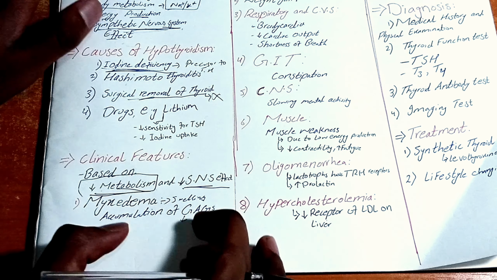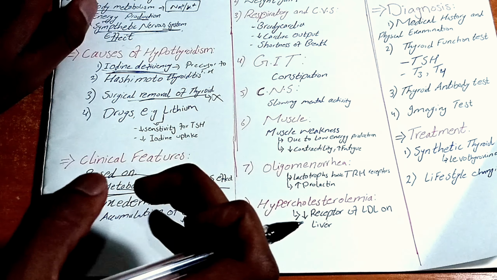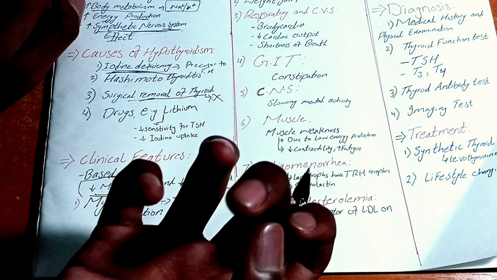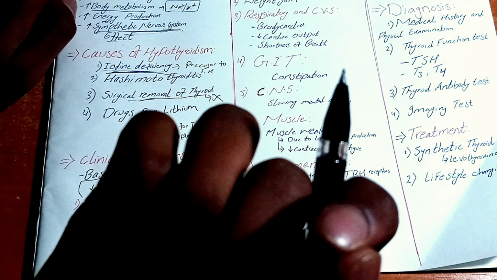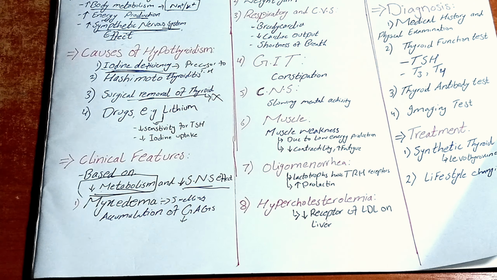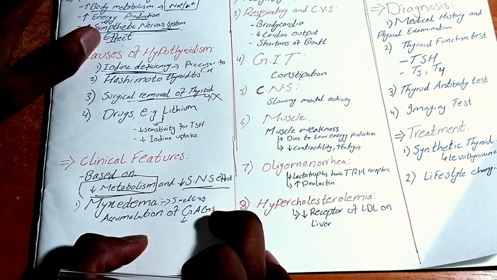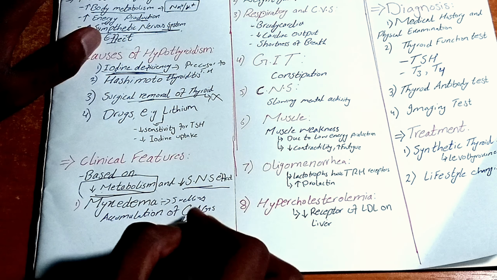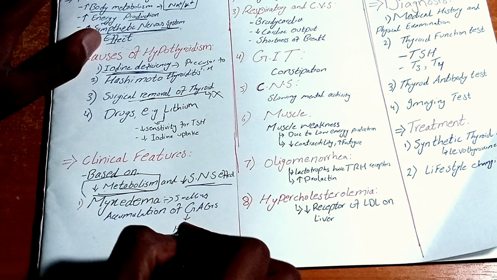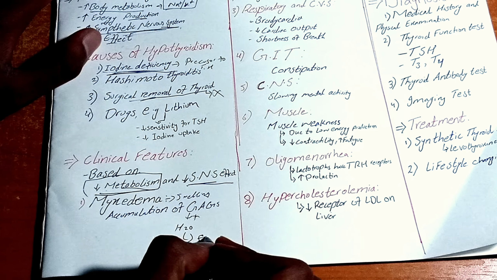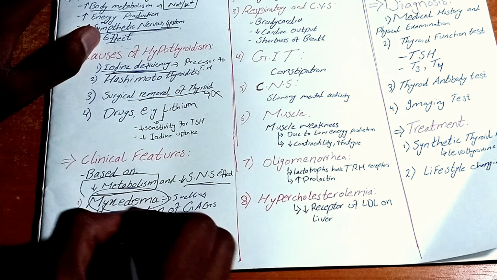When these GAGs deposit in our tissues, they attract more water into the tissues, which leads to an imbalance of fluid in the body and increased fluid uptake in our cells. Then what will happen? This leads to accumulation of water with GAGs, which comes out as edema, which we call myxedema.